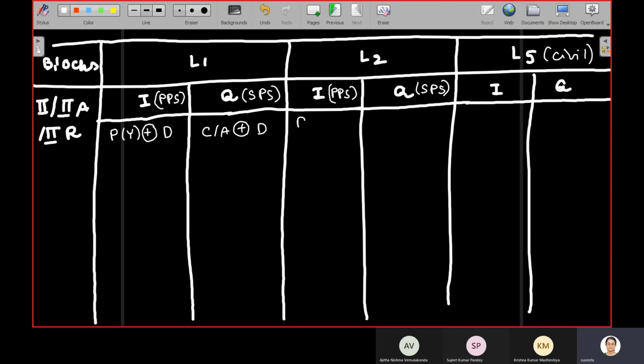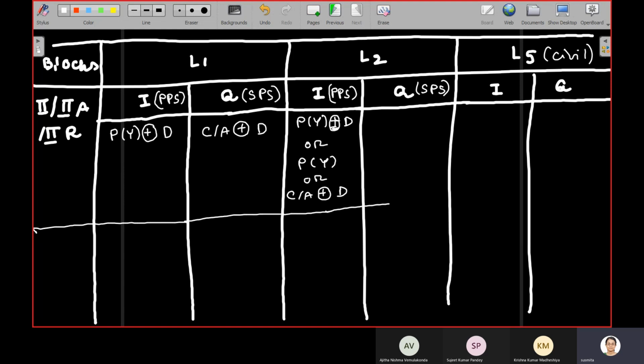Then PPS has, for the in phase component, now for these blocks, there is no code and data for the civilian users in the L2 band.